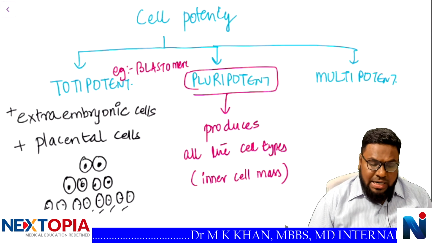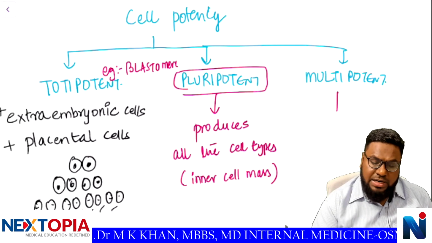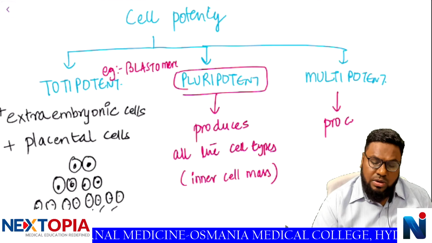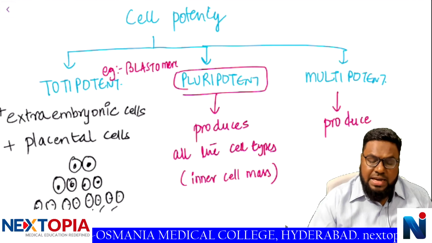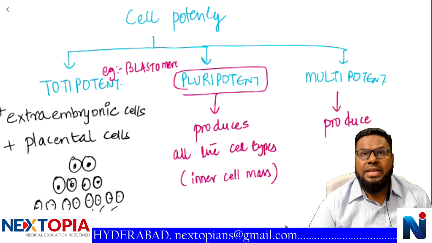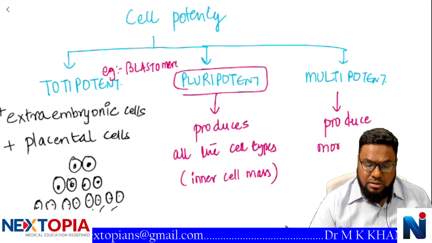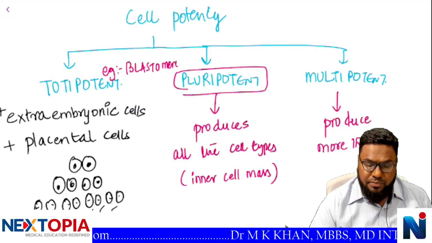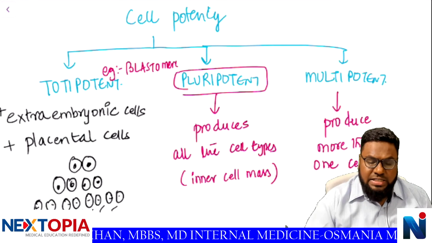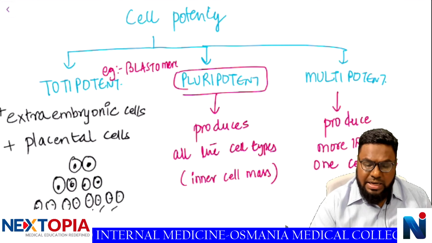All right. A multipotent cell means a stem cell which has the ability to produce, multi means many, is it not? Multi means many, so more than one cell type. You may ask me, sir, what is the difference between a pluripotent cell and a multipotent cell?